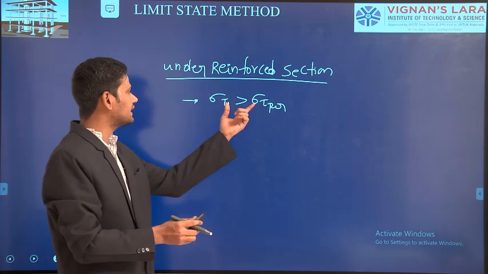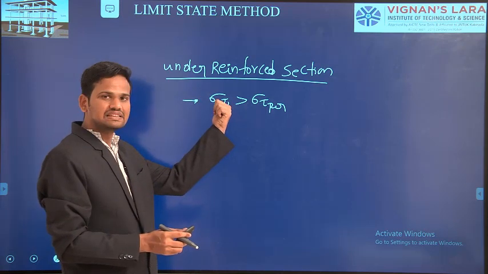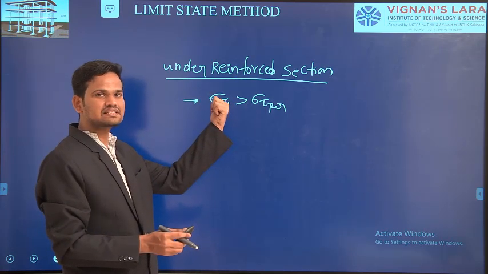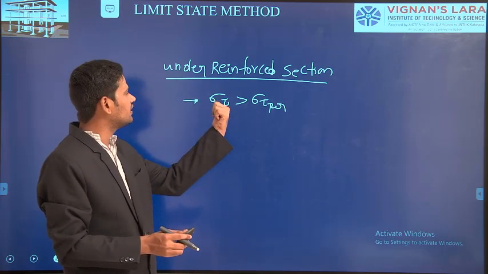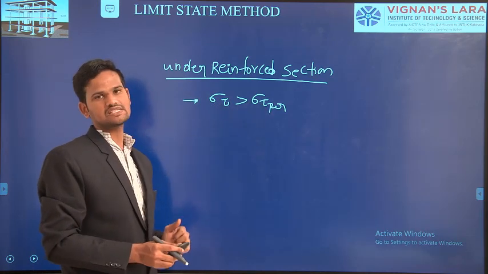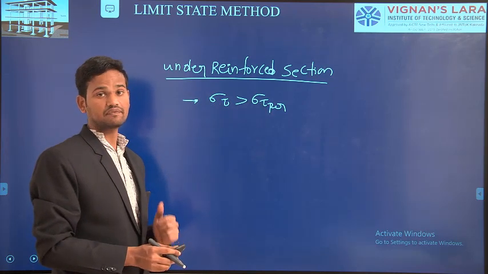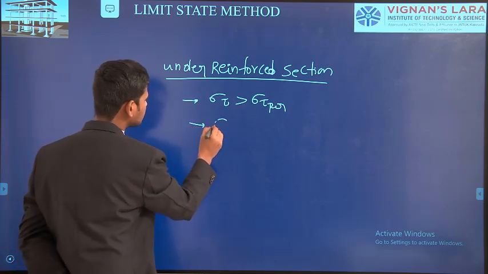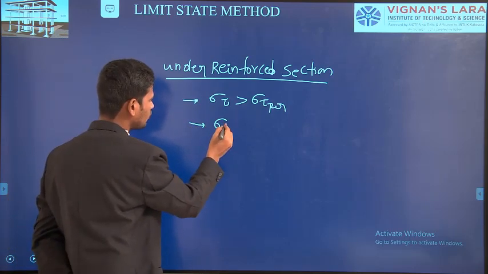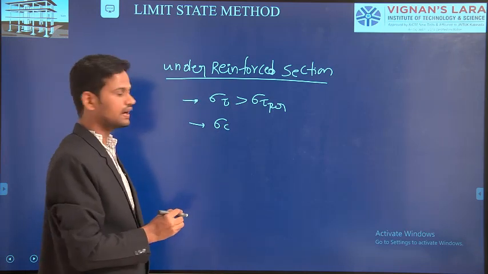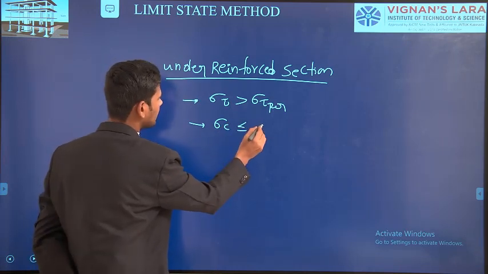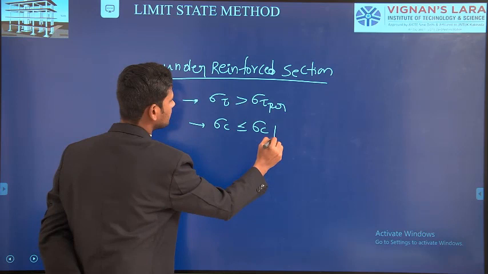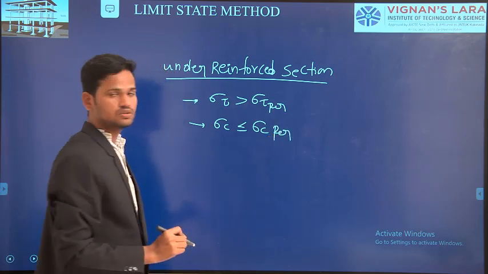For this under reinforced section, the strain coming in the steel will be greater than the permissible strain of the steel. Again, the compressive stresses or strains we are getting in the concrete will be less than or equal to the permissible compressive stresses.